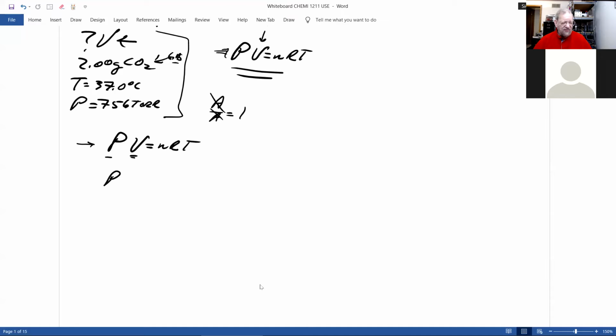So I'm going to divide this side by P. Whatever you do to one side, you have to do to the other. Now, P divided by P is 1. 1 times V is V. So volume equals nRT divided by P.